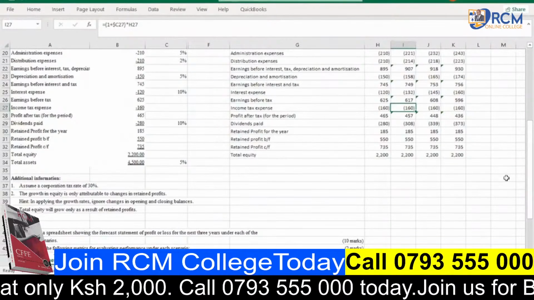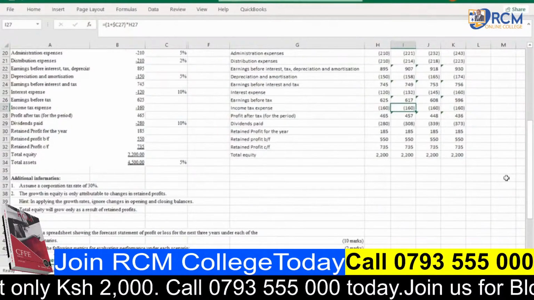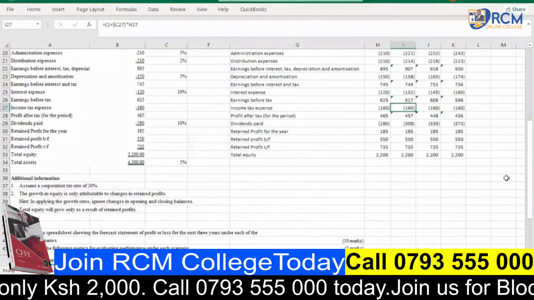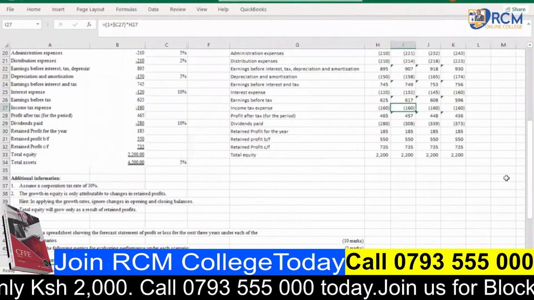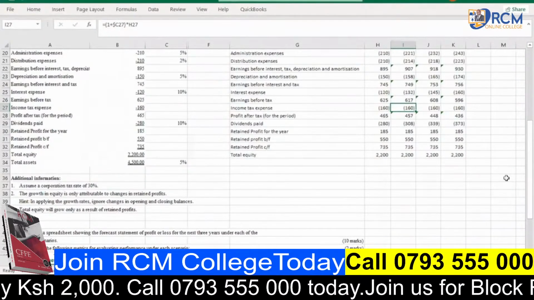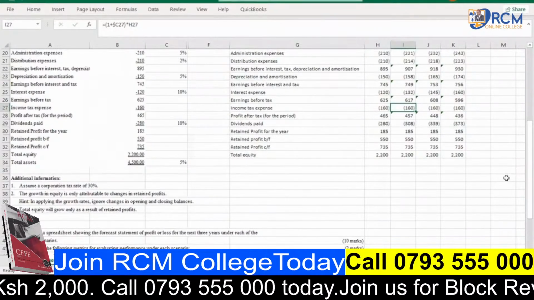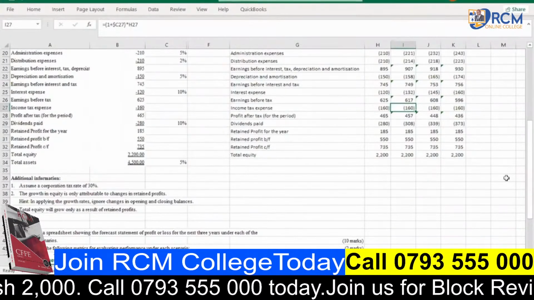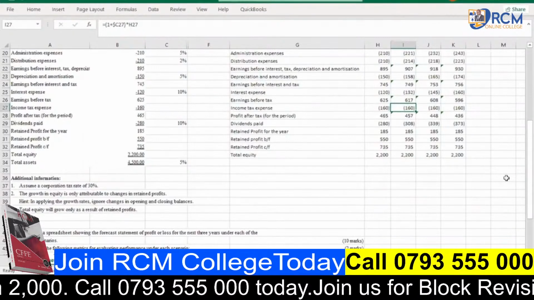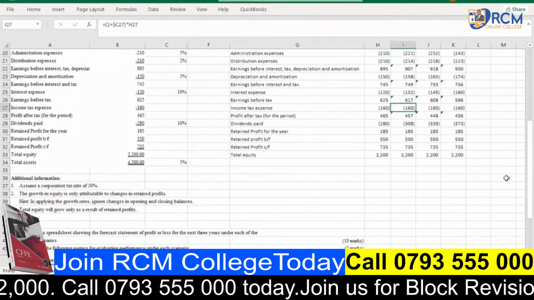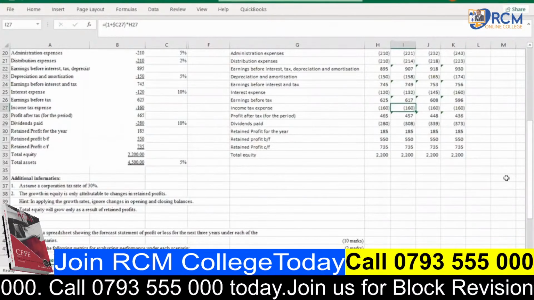Why do we add profit for the year? Why are we adding back profit for the year? Okay, it is 30% of 617. Earnings before tax, add depreciation, then tax.